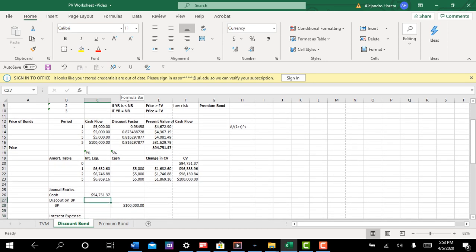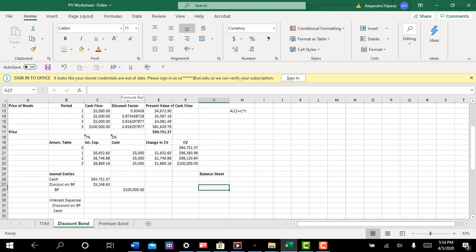Okay, so I'm going to put the discount. I'm going to say this is equal to 100,000 minus the 94,751.37. And so there's your discount right there. Okay, and let's go ahead and start building a balance sheet way out here, just to show you how the balance sheet develops. The first thing you're going to have, in the liability section of the balance sheet, is a bond payable.